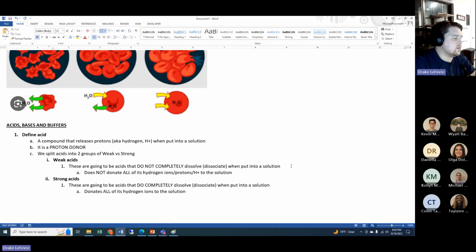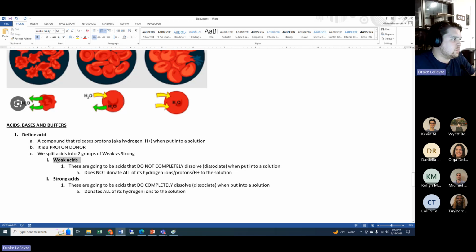It's important to realize what kind of acid it is, because weak acids especially we're going to be using for something called a buffer system, which we'll get into in a little bit.